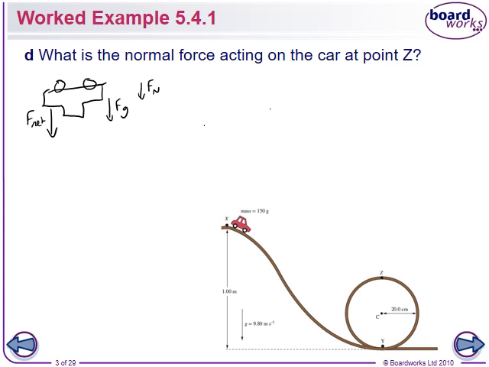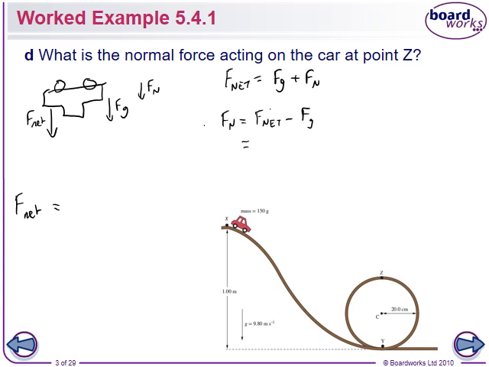We know, we want Fn. So let's, I'll do the full equation first. So Fnet is equal to Fg plus Fn. We rearrange this. Fn is equal to Fnet minus Fg. Okay. Our net force. Let's work this out down here. How are we going to work out our net force?